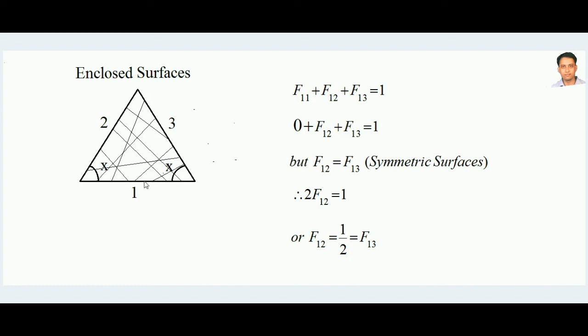Whatever radiations come out of surface 1, half will fall over this and half will fall over this, because the orientation of the two surfaces with respect to surface 1 is almost the same. So in place of F₁₃, you can write F₁₂. So we get 2F₁₂ equals to 1. So F₁₂ equals to 1 by 2, and the same is equal to F₁₃. So for symmetric surfaces also, we can analyze this way.